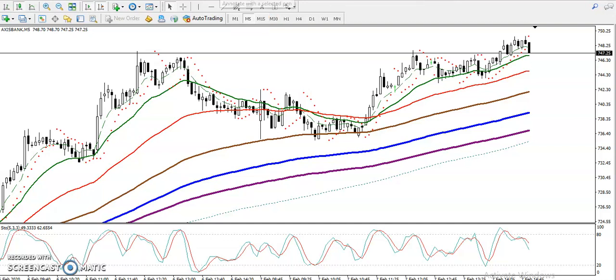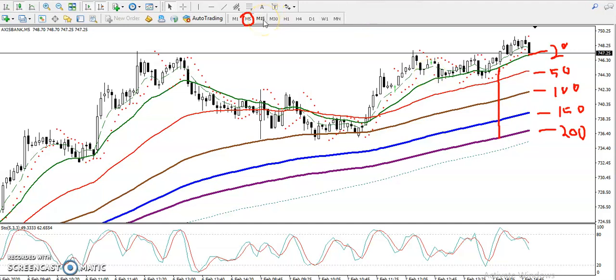Now in the 5-minute chart we have the 20 moving average, the 50, the 100, the 150 and the 200, all exponential, remember. You can see all moving averages are arranged sequentially, which means in the 5-minute chart price is running in an uptrend.